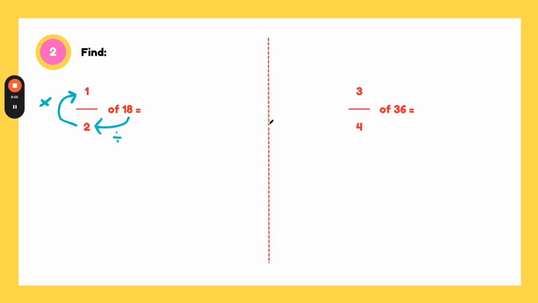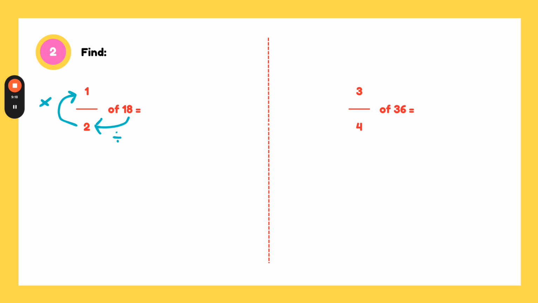So whenever you want to find a fraction of a whole amount, the steps are very simple. All you need to do is divide the whole amount by the denominator that you're given, and then the answer from that result, you multiply that by the numerator.